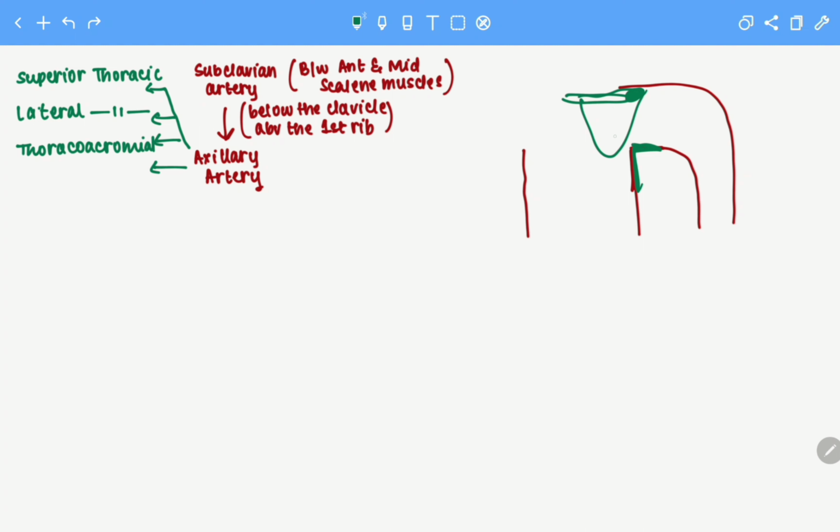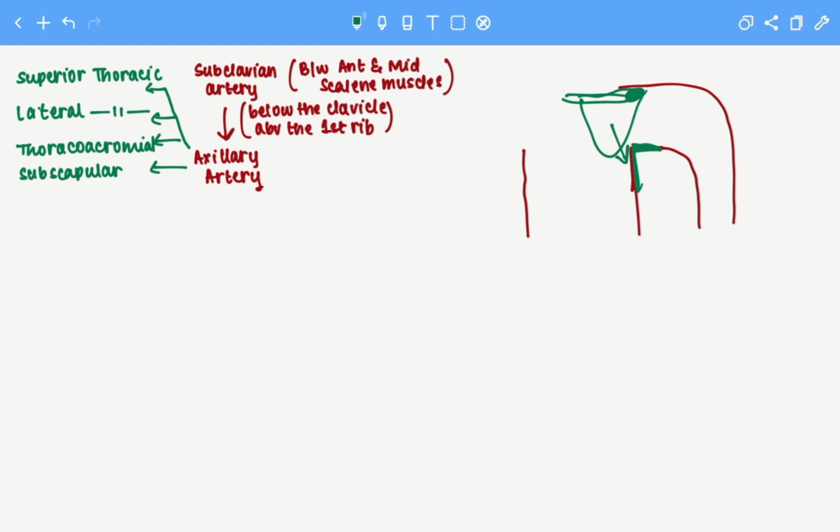The axillary region is also in front of the scapula. Therefore, the subscapular branch. Subscapular meaning in front of the scapula. So, the subscapular artery is also a branch of the axillary artery.